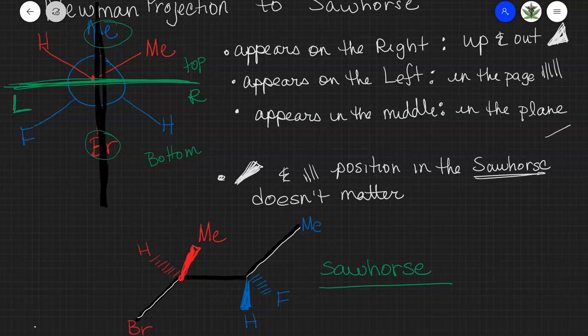And the way that this sawhorse is written, it is in the staggered conformation. If we viewed the Newman from a different direction, if we wanted to view the back carbon as being in the front, we would still follow these particular rules as well.